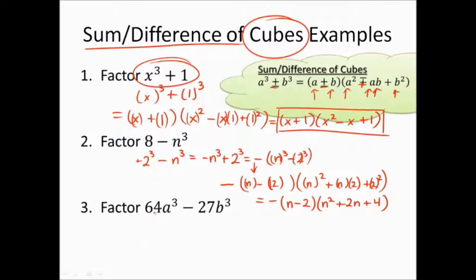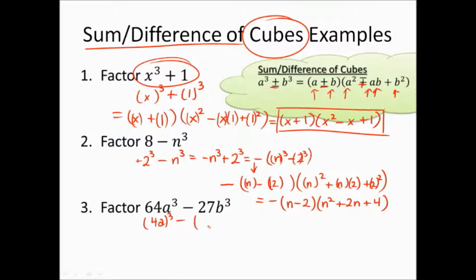Last one here. Here we've got 64a cubed minus 27b cubed. Because we see the cubes, there's no greatest common factor to take out. Let's just see if we can take the cube root of 64. So that is 4. 4 cubed gives us 64, so 4a, all cubed.